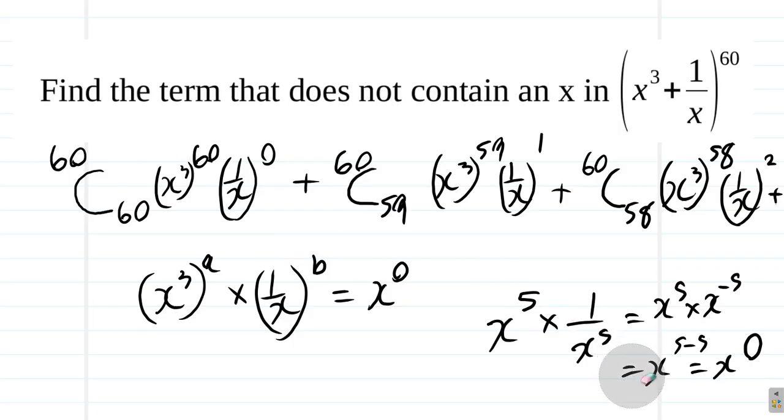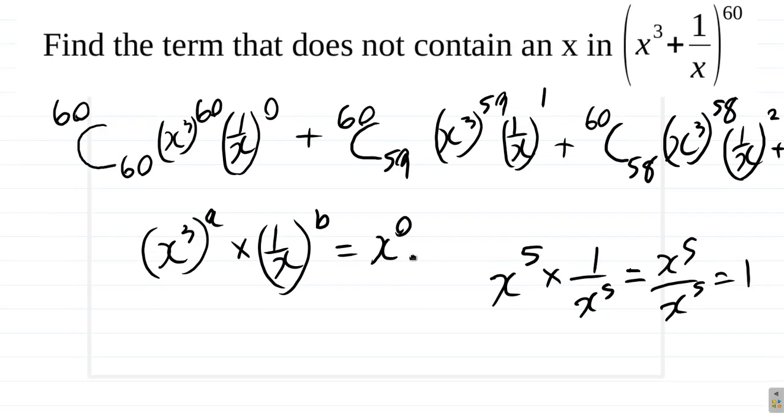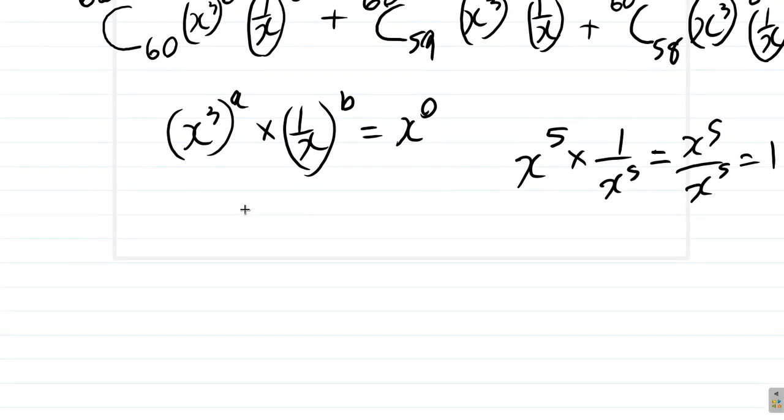Remember that? Same argument as if we say x to the 5 divided by x to the 5 is equal to 1. We don't have an x. See that? So what that means is that we're going to have an x to the something times 1 over x to something else, and those two somethings are equal.